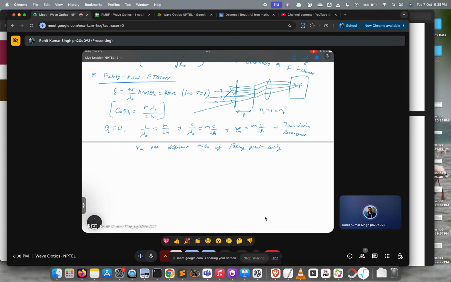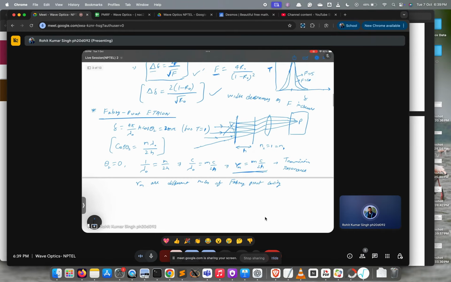What this means is, suppose you are throwing in light containing many frequencies, or a distribution of frequency, having a spectral width. Only the modes which satisfy this condition will appear on the screen.